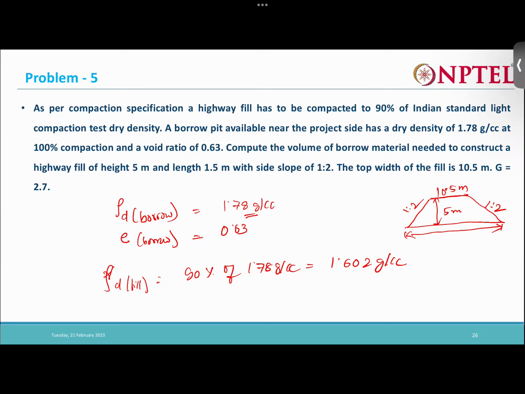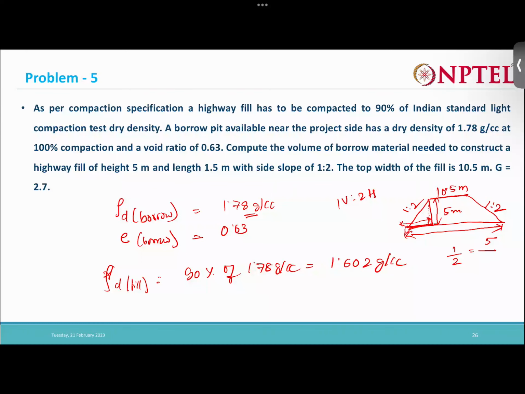See, this slope is given, right? Yes, sir. From this slope we can find this distance. 1:2 means 1 vertical to 2 horizontal. So we can write 1/2 equals 5 by x, where x is the horizontal distance from here to here.